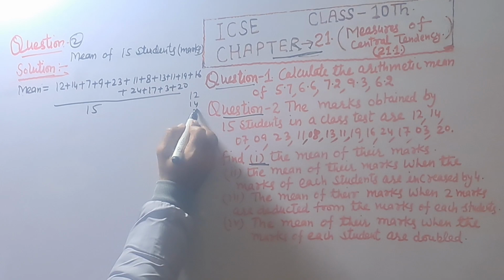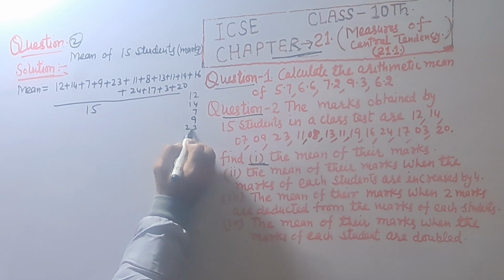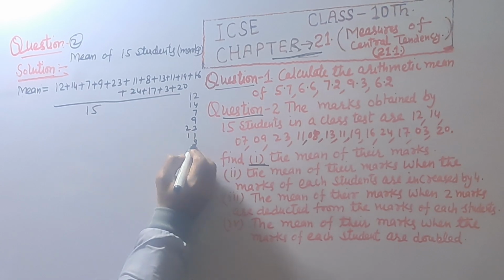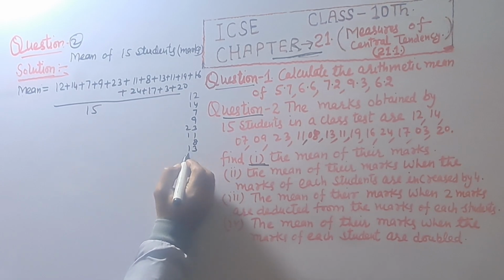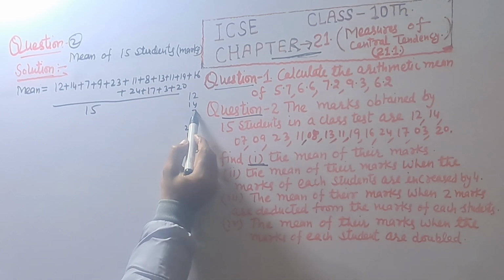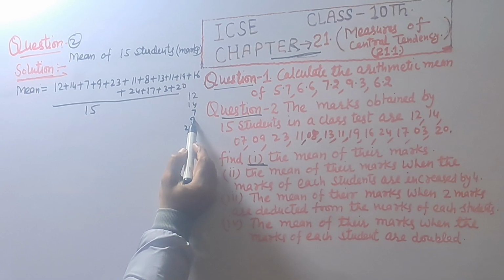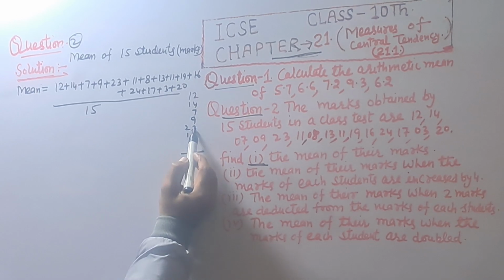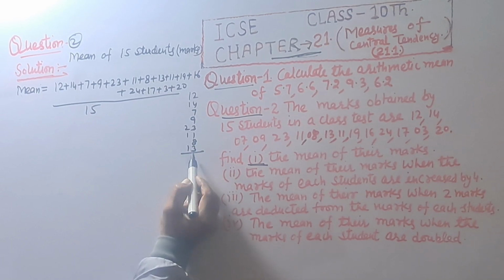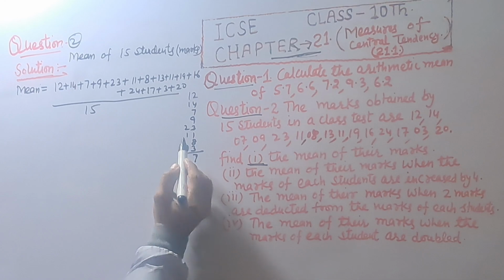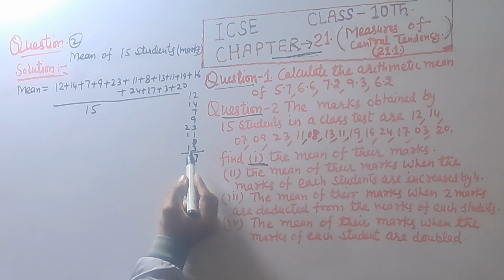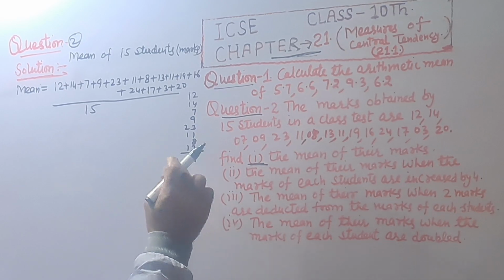12, 14, 7, 9, 23, 11, 8 and 13. 4 plus 2 is 6, plus 7 is 13, 13 plus 9 is 22, 2 plus 3 is 5, 25, 26 and 34, 37. 3 plus 1 is 4, 5, 7 plus 2 is 9. That is 97.